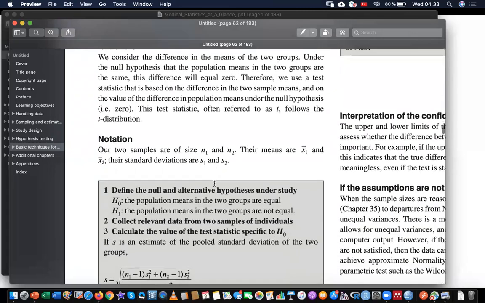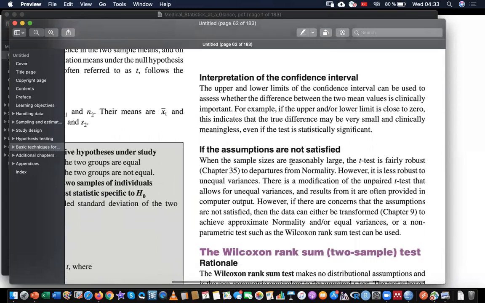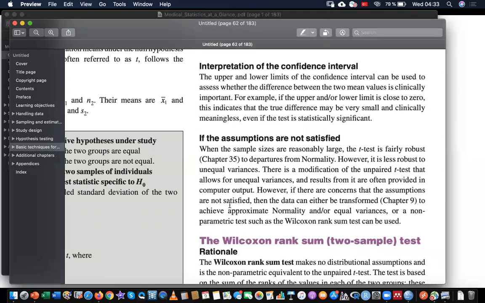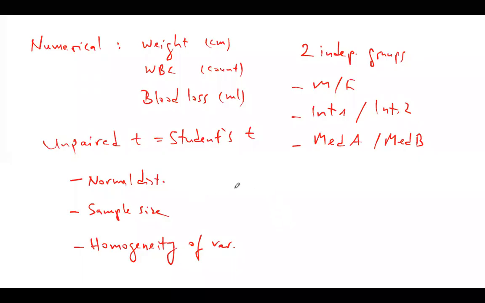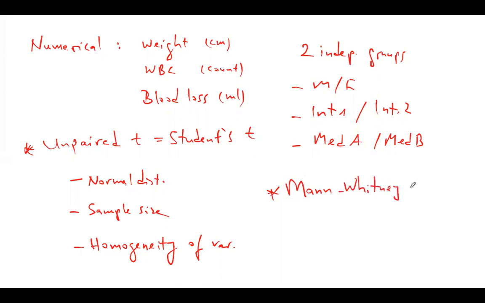If these assumptions are not satisfied, the book mentions the Wilcoxon rank sum test. This is the parametric test here. The non-parametric alternative in SPSS is what? Mann-Whitney U test.